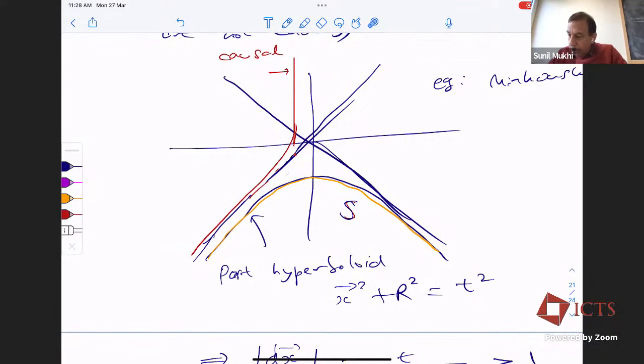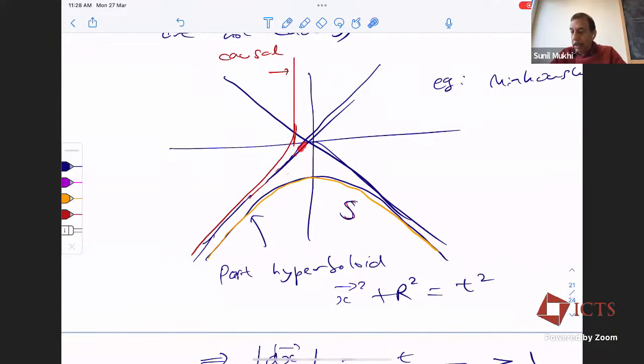Now, this light cone is the closure, or the boundary, of D of S for this S. Because how far can you go before getting out of the domain of where S can predict things?